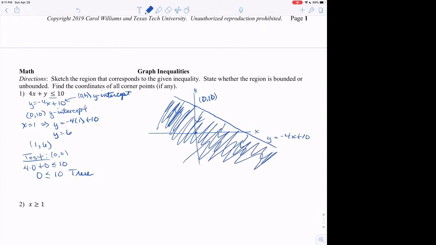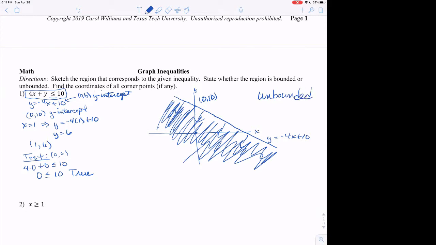So from now on, what we're doing is shading regions. This is not just a line, this is a region, and it is also an unbounded region.